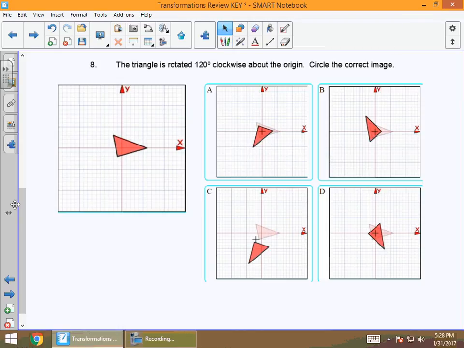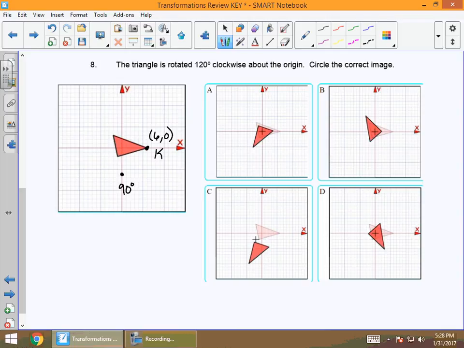Question number 8, same kind of concept. So I'm going to take this point over here, and we'll call it K, and it is at the point 6, 0. It wants to know that this thing is being rotated clockwise. So if I were to rotate K clockwise 90 degrees, that's where he would be sitting.